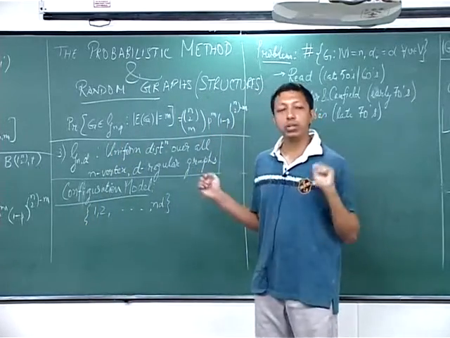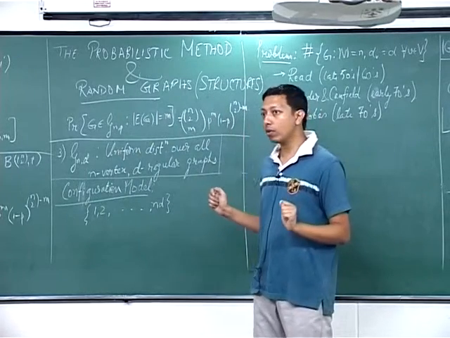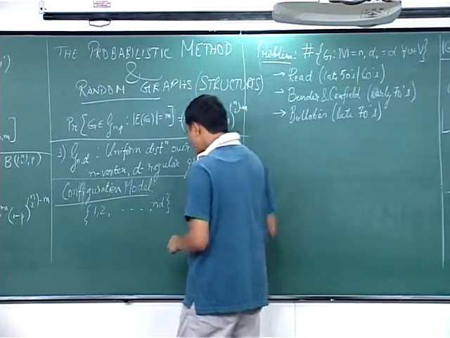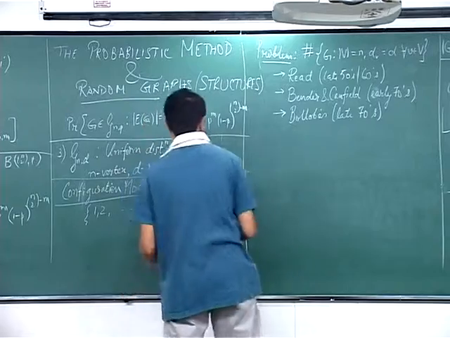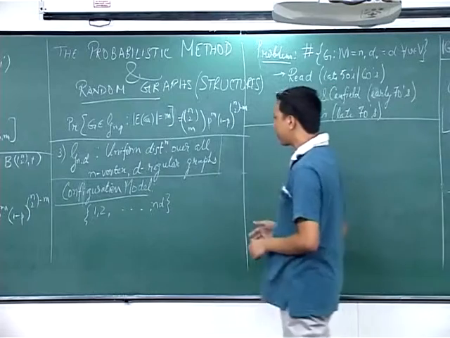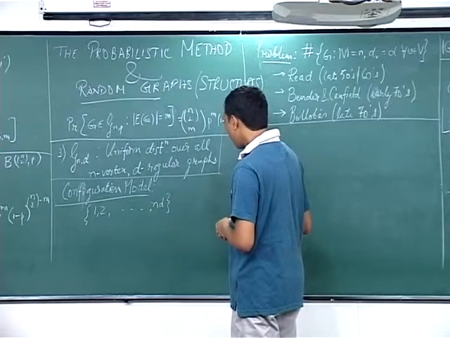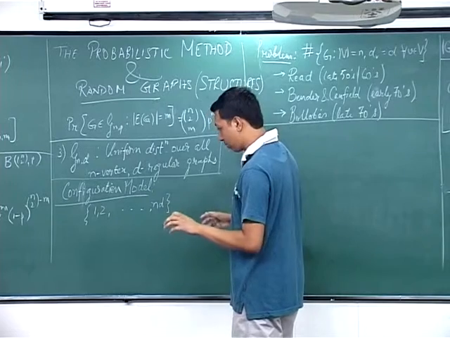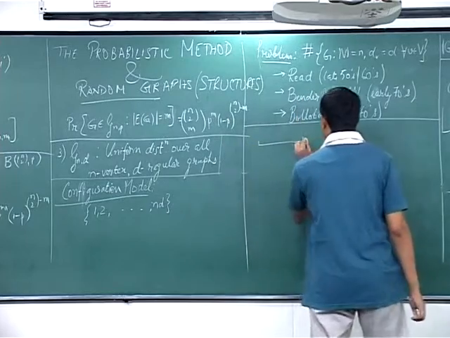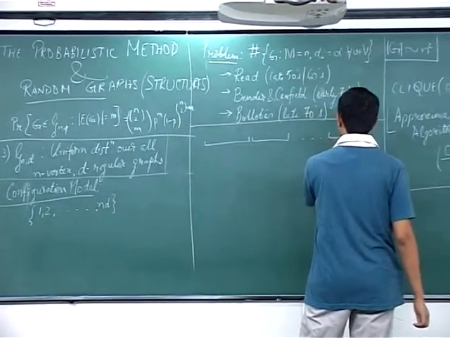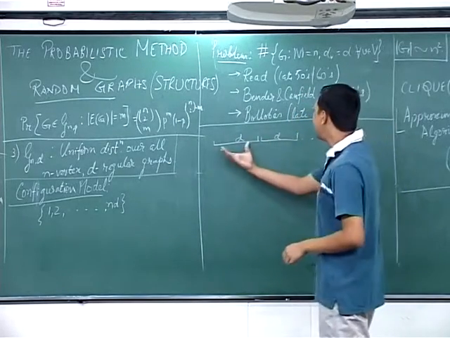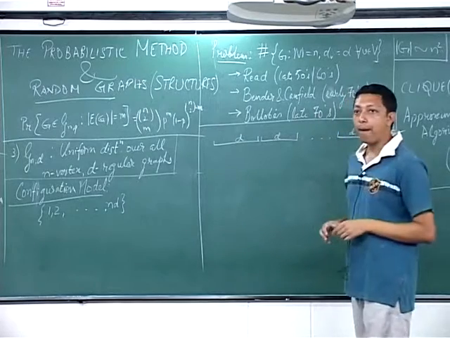You choose any random permutation that you like, and then you split this random permutation into groups of d. There are d elements in each group, so you will have n such groups.